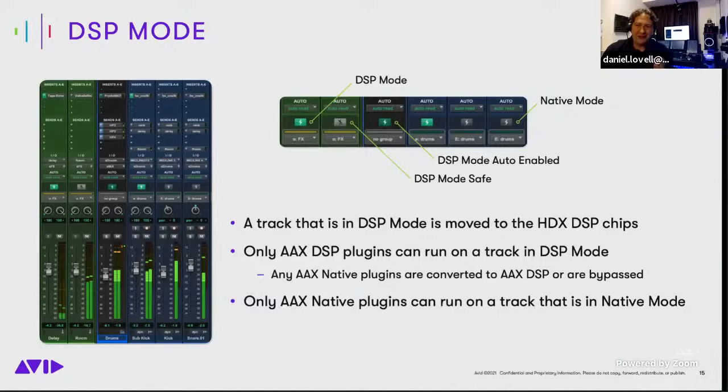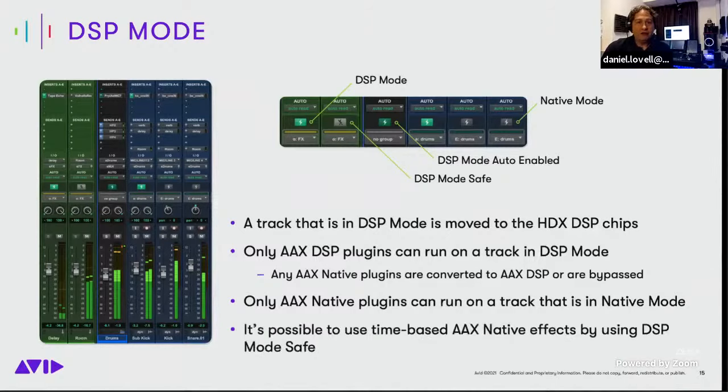So that's not going to be an issue that way around. And just the other mode that's available there, we've seen the light green. The dark green is a track that's automatically been put into DSP mode because it's downstream from the DSP mode enabled track. But there is another mode that we have, which is DSP mode safe.